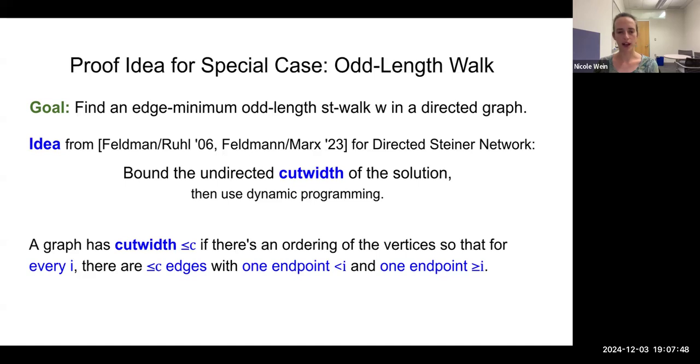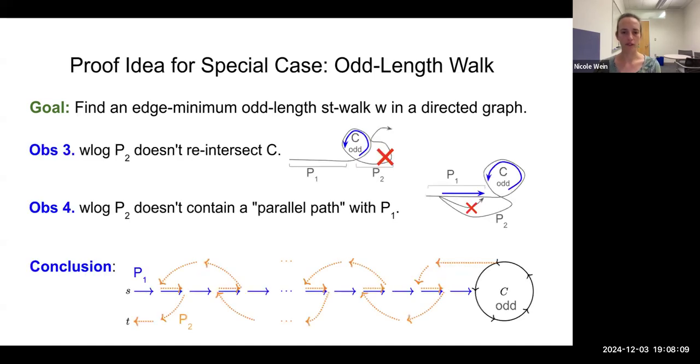A graph has cut width at most C if there's an ordering of all the vertices in the graph, so that for every point along that ordering, I, there are at most C edges that cross over that cut. So at most C edges with one endpoint less than I and one endpoint at least I. As an example, let's take a look at the graph that we just figured out must be the structure of the walk that we're looking for.